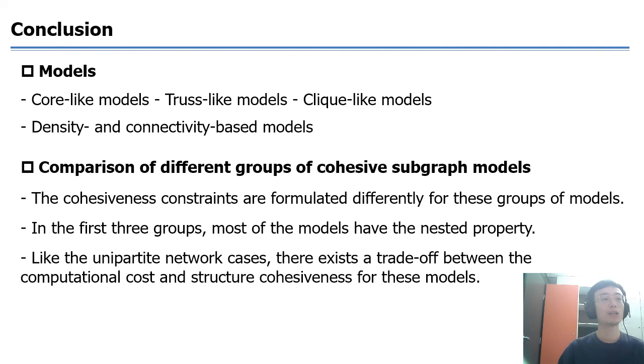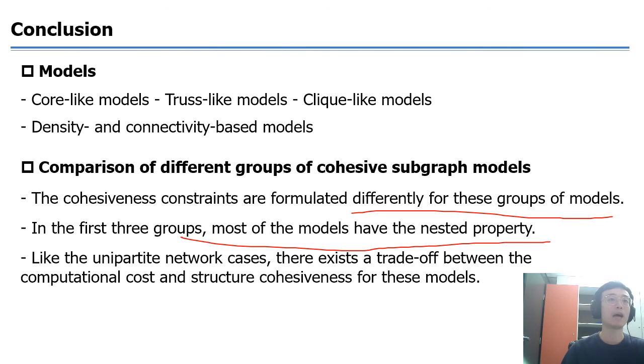Now is the conclusion of this part. We have introduced different groups of cohesive subgraph models. The cohesiveness constraints are formulated differently for these groups of models. For example, they can use degree or butterfly to formulate different cohesiveness constraints. Also, in the first three groups, most of the models have the nested property.